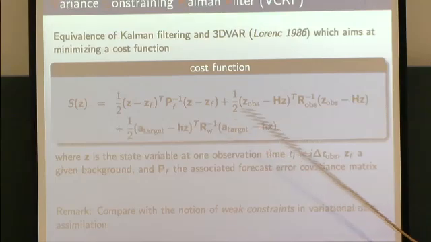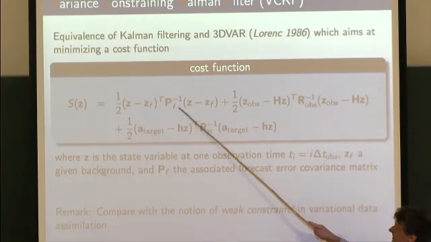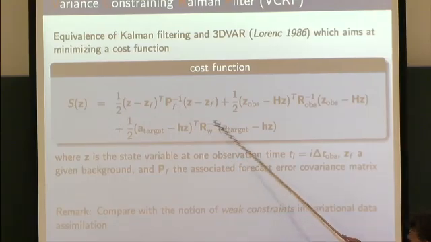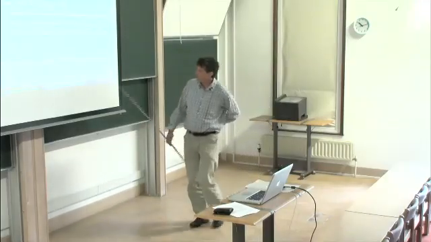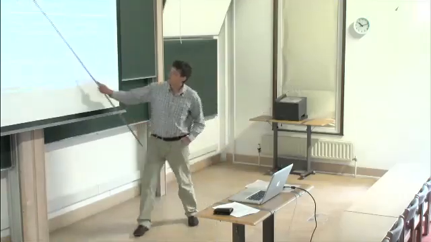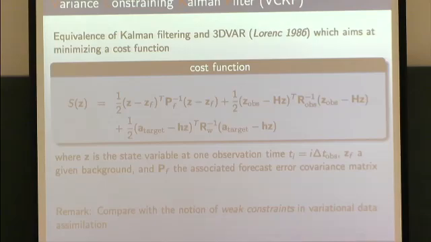And this is the error covariance matrix Rw, which we need an expression for. We need to be able to calculate it. This one is given. This one I have shown how to calculate using ensemble methods. And this one is our aim, to specify it. For people interested in weak constraints, this resembles, at least formally, weak constraints in variational settings.